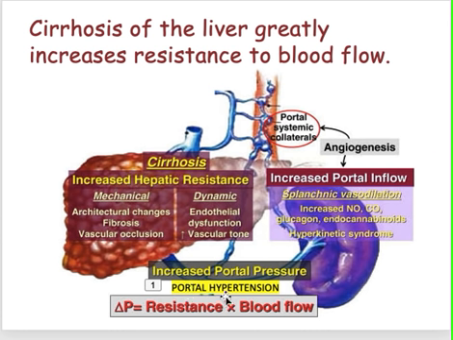This usually manifests in patients with formation of varices: you will have esophageal varices, spider angiomata in your abdominal wall, and hemorrhoids, and these are all clinical manifestations of portal hypertension, or increased portal pressure, from a damaged liver.